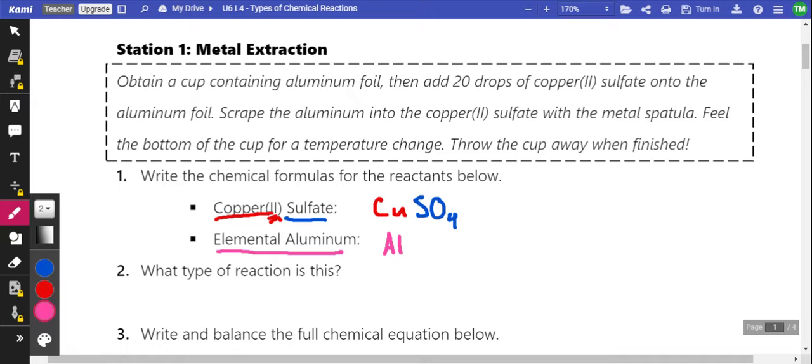So we're down to single replacement and double replacement. Single replacement happens with a pure element and a compound, whereas double replacement happens with 2 compounds that switch partners. So in this case, since we have a pure element here, this is going to be a single replacement reaction.